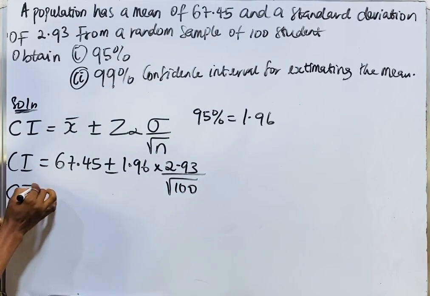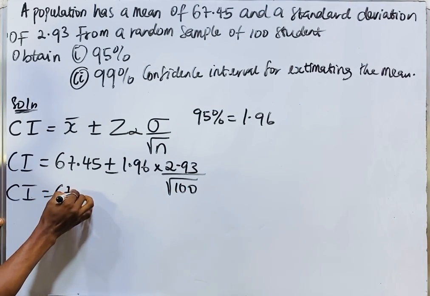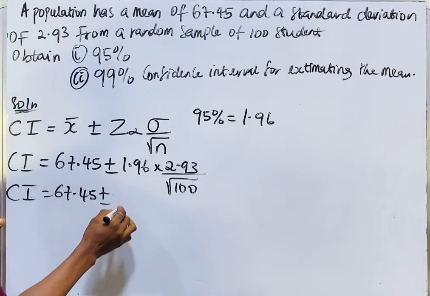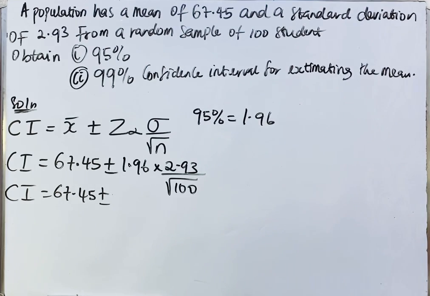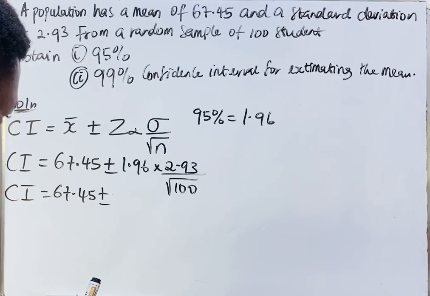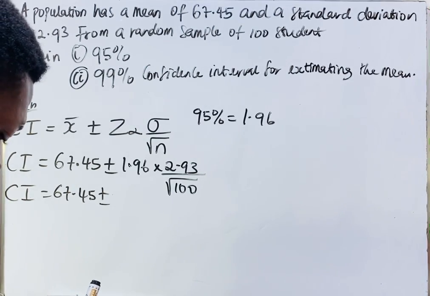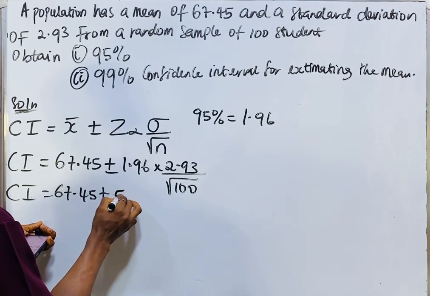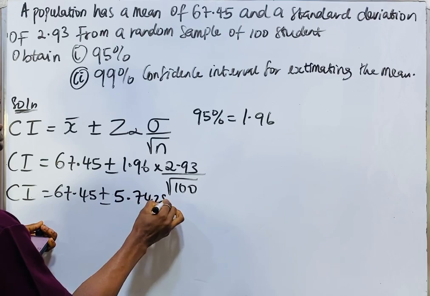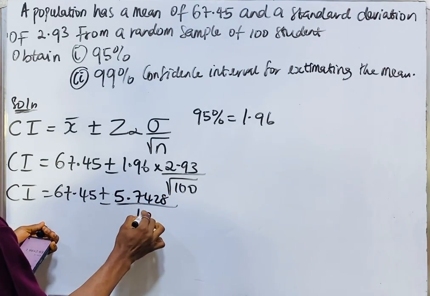So we have our confidence interval, which should be 67.45 plus or minus this times this. Let's multiply 1.96 times 2.93, which gives us 5.7428, all over the square root of 100, which is 10.